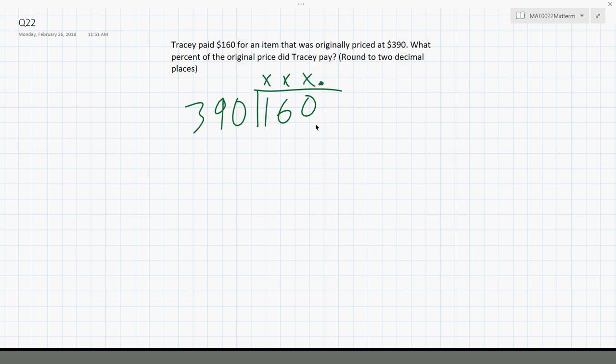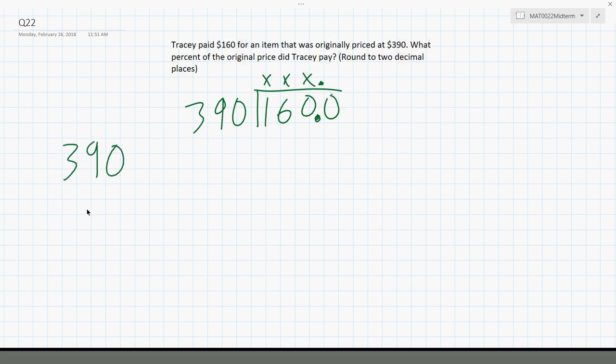I'm going to put a decimal there, and I'm going to put a decimal here so I don't get it mixed up from this point, because that's where my number ended. So if I now put an imaginary 0 out here, does 390 go into 1600? Yes. How many times? 4. I like 4 because it's almost 400, right? So cool, we're going to do that.